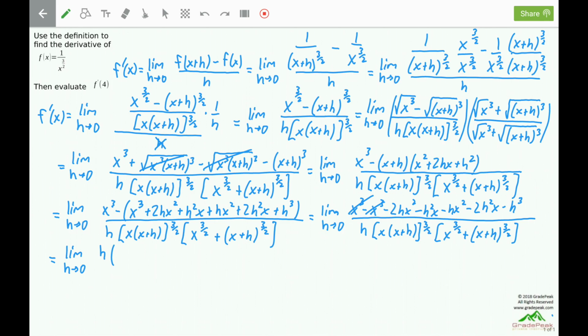We'll take one h out of everything. That'll give us a negative 2x squared, a negative hx, a negative x squared, a negative 2hx, and a negative h squared.